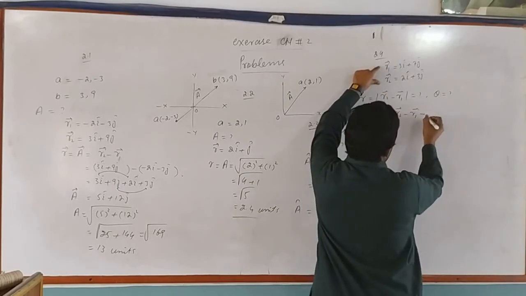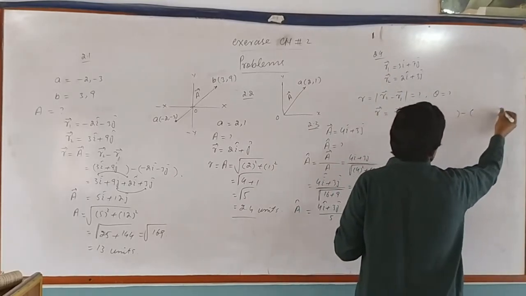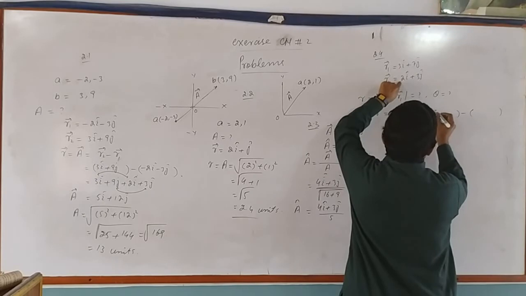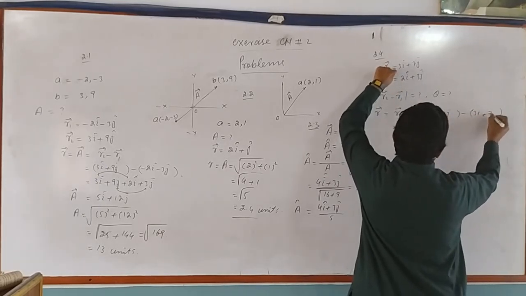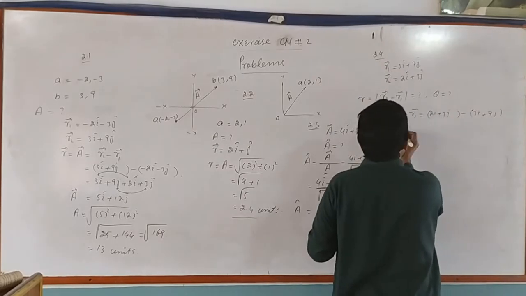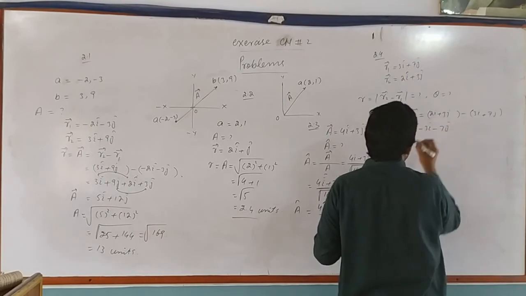Putting the values, R2 is 2i plus 3j unit vector, similarly R1 is 3i plus 7j. The resultant will be 2i plus 3j unit vector minus 3i minus 7j unit vector.